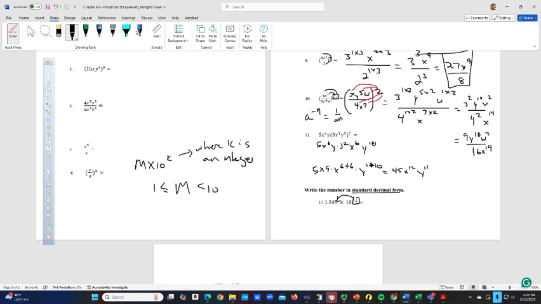All right, so if you just think about your negative exponent rule, this basically is saying 1.245 times 1 over 10 to the 5th. And if you take 10 to the 5th and convert that, that's just 100,000. So you're going to just divide 1.245 by 100,000.